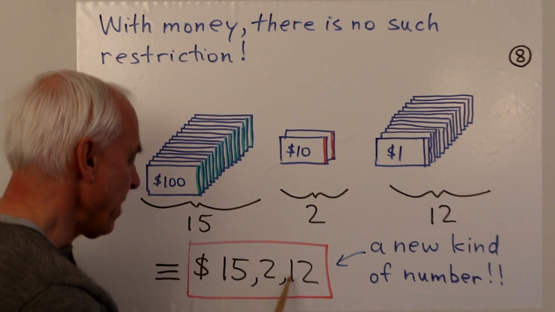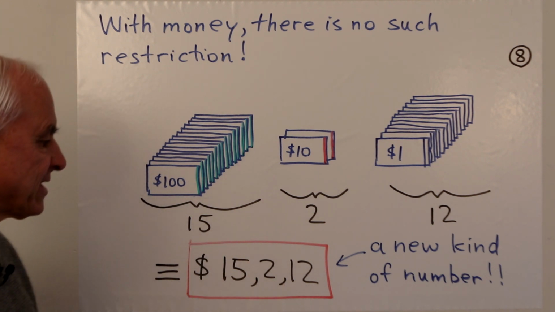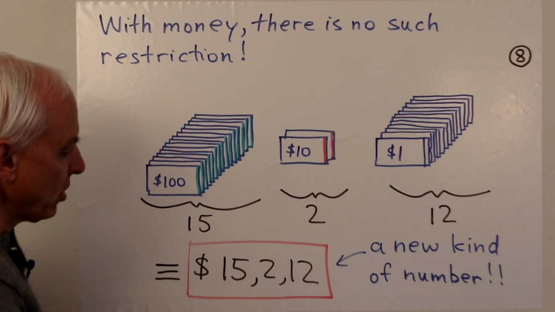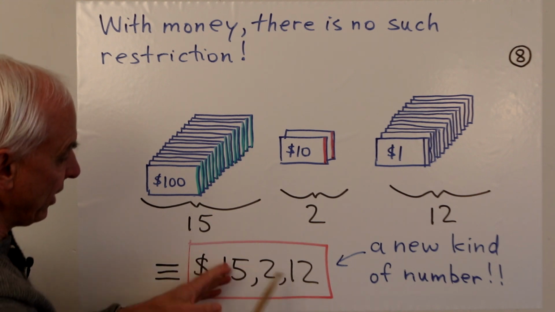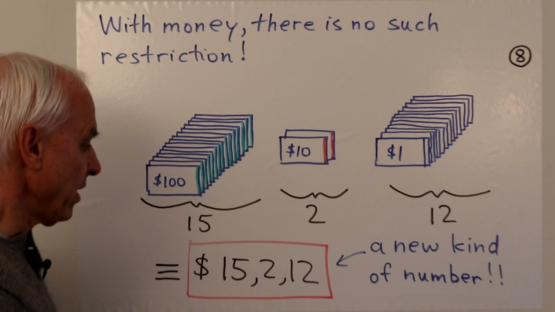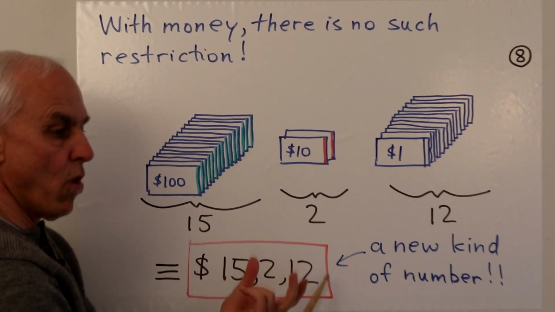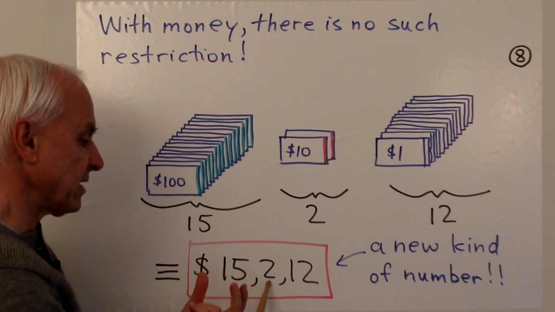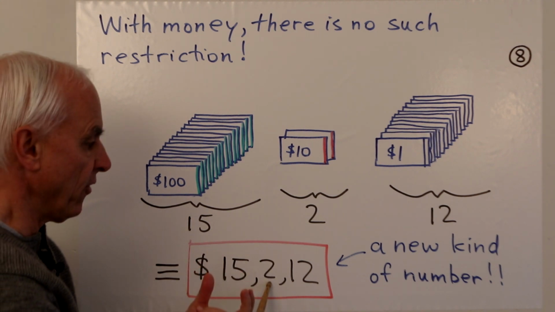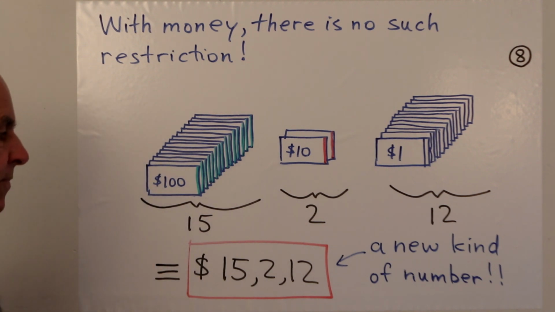We can put that information together in a little list separated with commas, because if we don't have commas, then we're going to confuse that with something else. But with the commas here, we can see that this is in the rightmost position that corresponds to ones. This is in the next position that corresponds to tens. And this is in the next position that corresponds to hundreds.